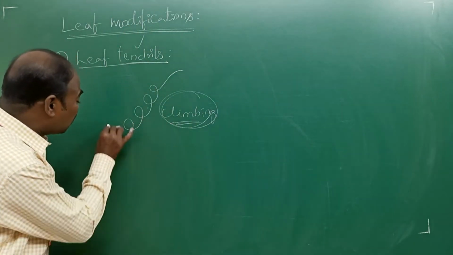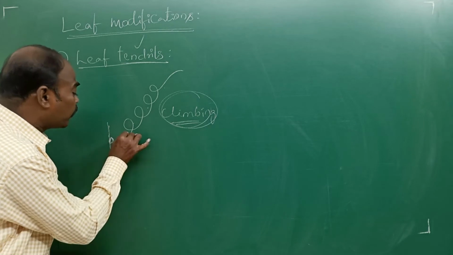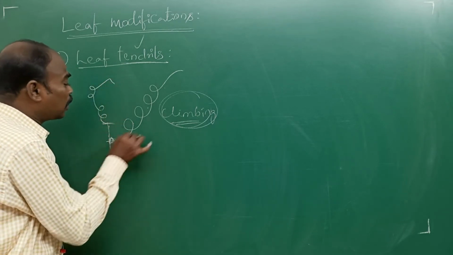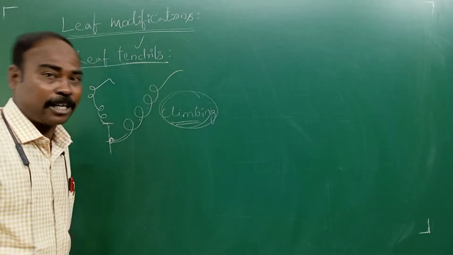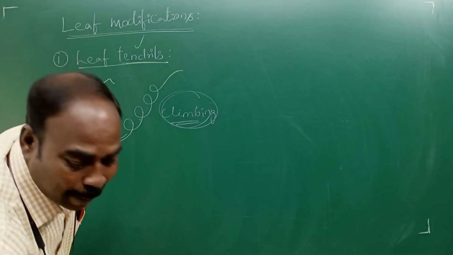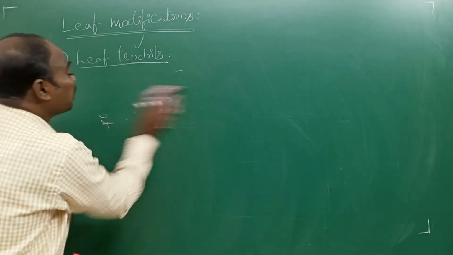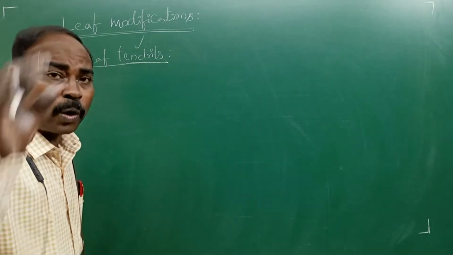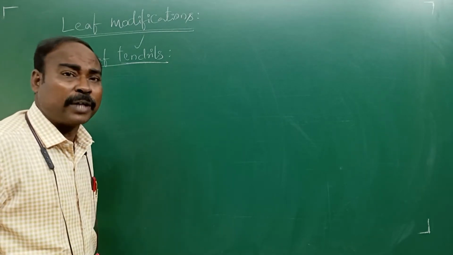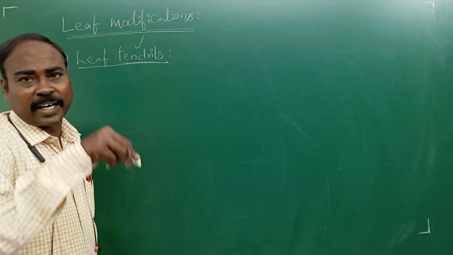When the tendril develops from the axillary bud or terminal bud of the stem, it is called a stem tendril. Example, Vitis vinifera, which we discussed. But in some plants the total leaf, or in other plants a part of the leaf, is modified into tendrils; that is called a leaf tendril.